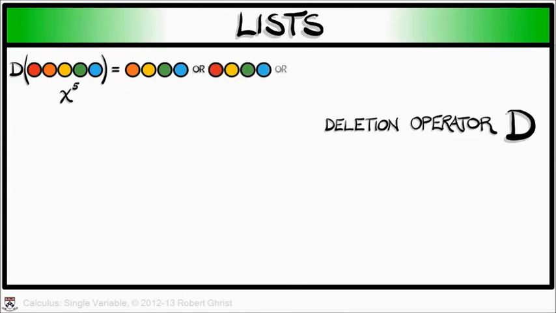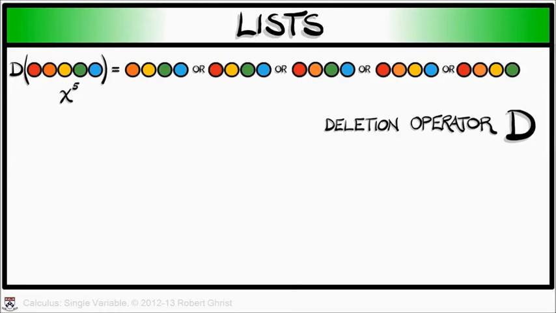Well, you could delete the first item in the list, or you could delete the second item, or the third, or the fourth, or the 5th. Now, each of these is really a list of 4 elements. So we would call it X to the 4th.